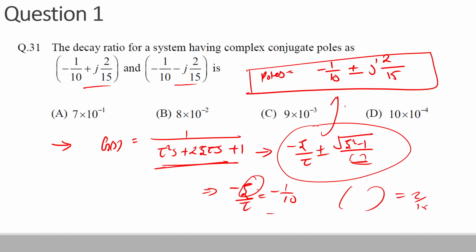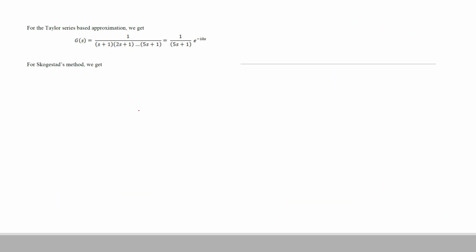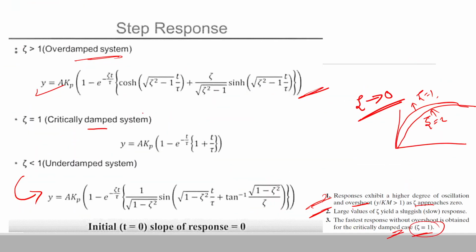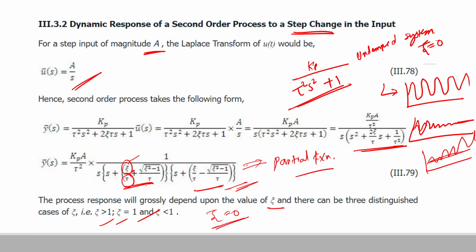If we look at the poles of this system, the poles of the second order system given in that question are minus zeta upon tau plus or minus under root of zeta square minus 1 upon tau.